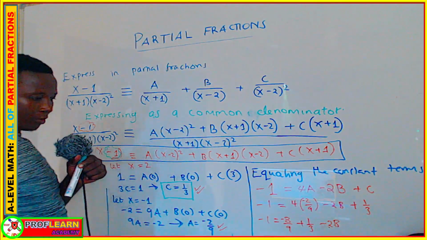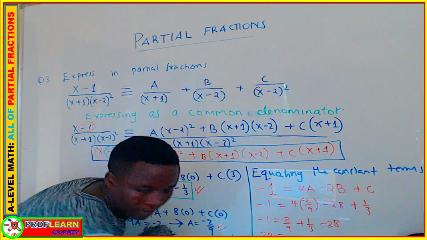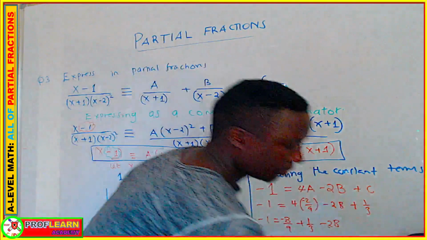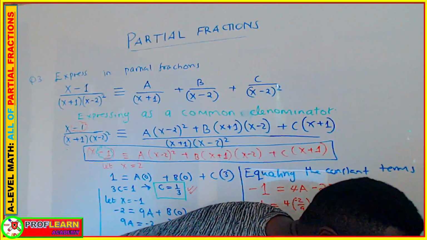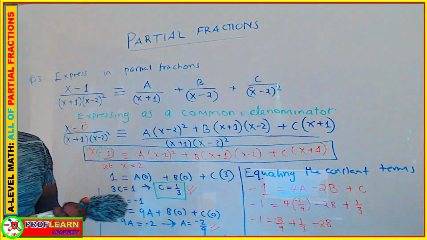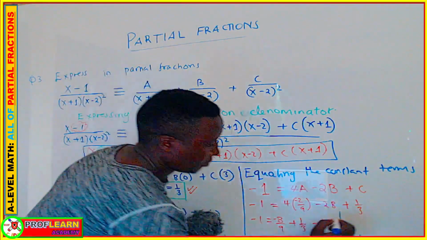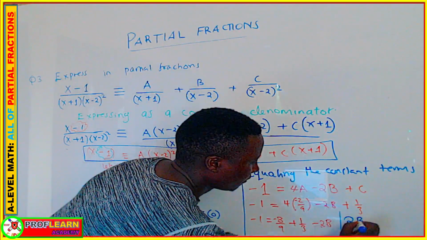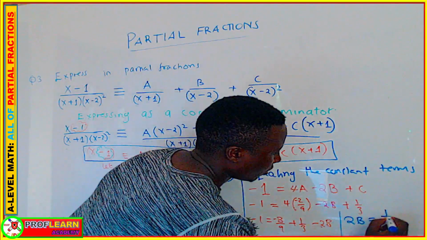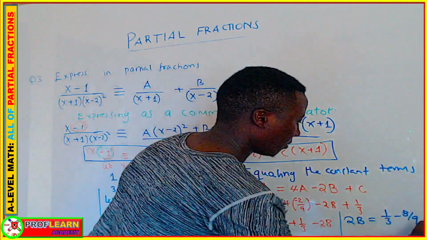And if we work that out, we are going to take 2b to the other side. So this can be written as 2b is equal to, I've actually taken this to this side, so 1 over 3 minus 8 over 9, then plus 1.